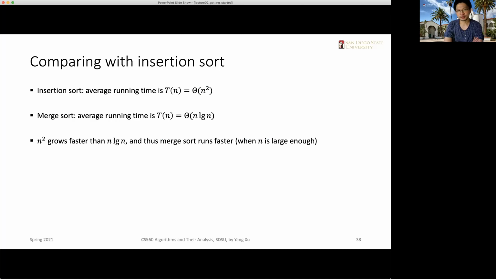For merge sort here, we didn't place any assumption on the inputs. We didn't assume whether the input is sorted or reverse sorted, but given arbitrary inputs, we can have a pretty stable analysis, which is big theta of n times logarithm of n, independent of the inputs, okay?